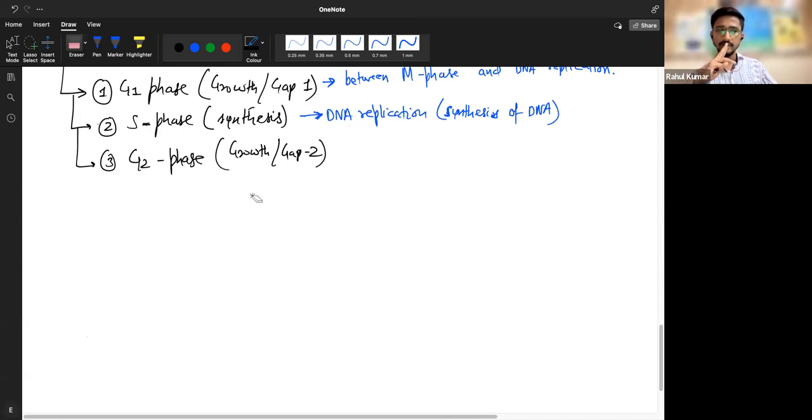DNA replication takes place in the nucleus. And centriole duplication. There is something called centriole.